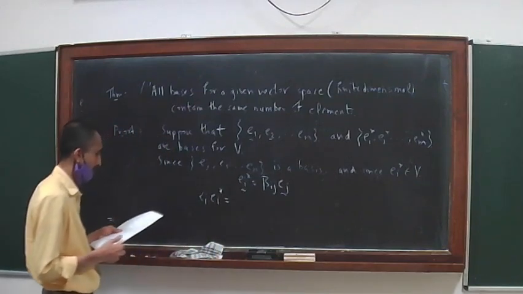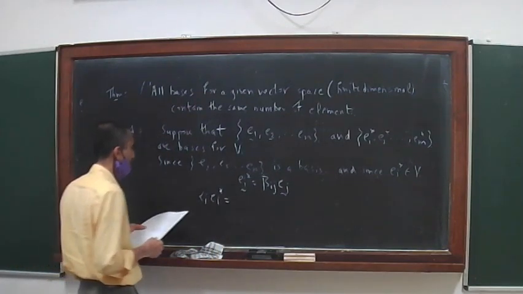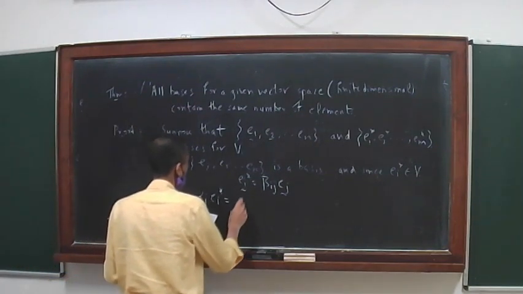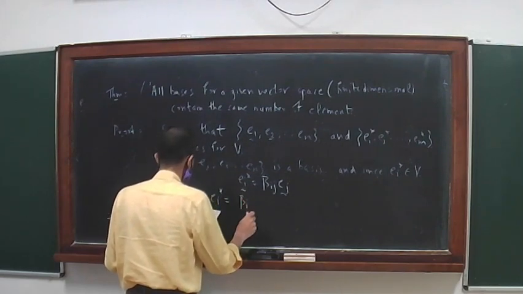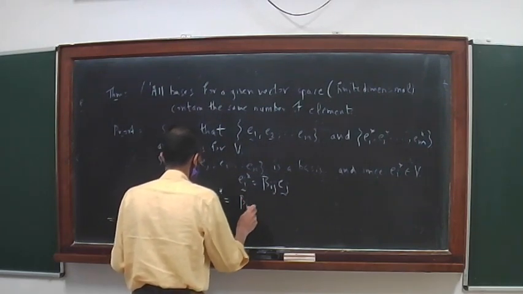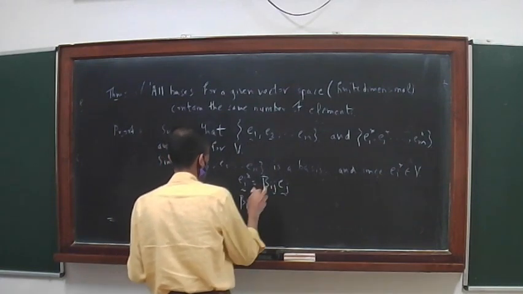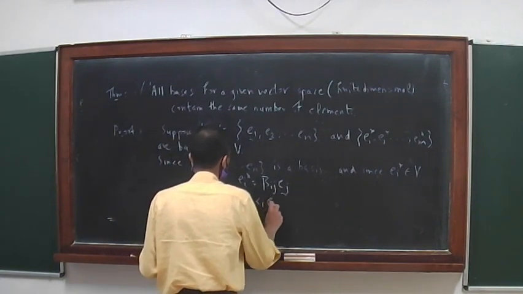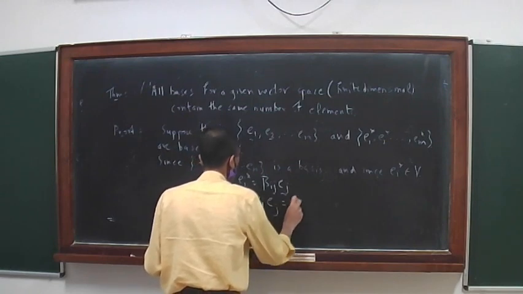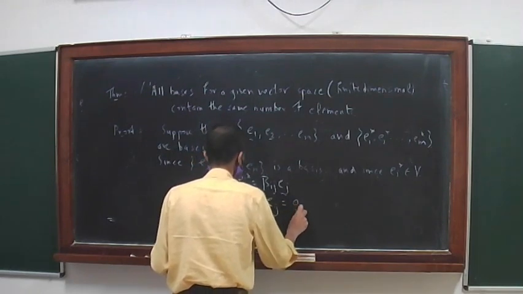Let us consider this. This is equal to alpha i beta ij Ej. Suppose this is equal to 0.